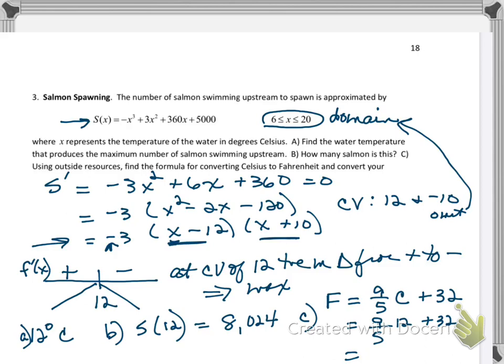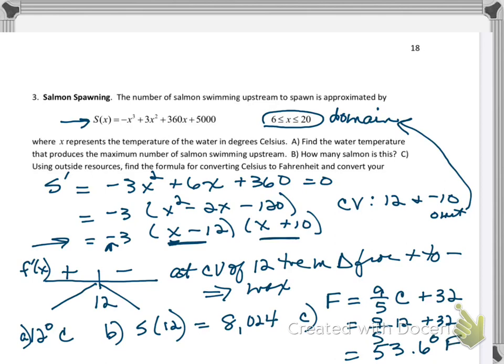Okay, what do you end up getting? Okay, so after doing that math, I'm getting a temperature of approximately 53.6 degrees Fahrenheit.